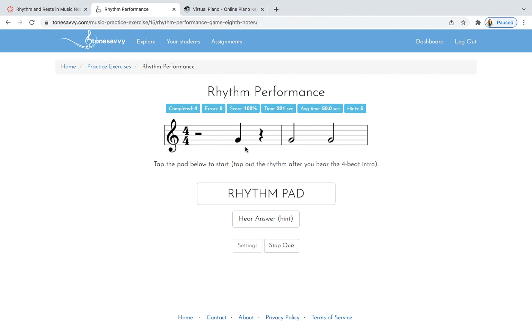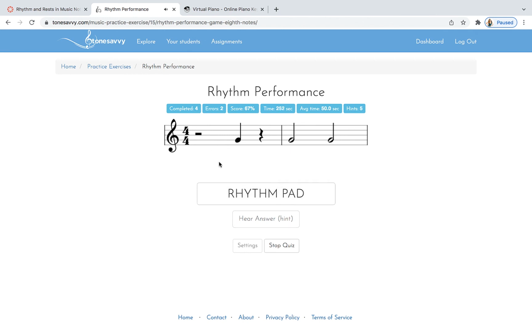So for instance, I will perform this rhythm poorly. 1, 2, 3, 4. 1, 2, 3, rest, 1, 2, 3, 4. Totally not correct. I'll do it wrong again. 1, 2, 3, 4. Rest, rest, play, rest, play, play. See?